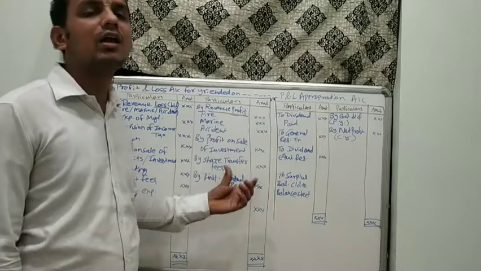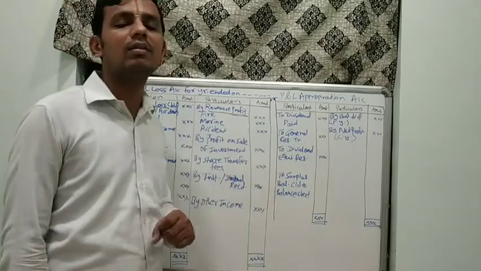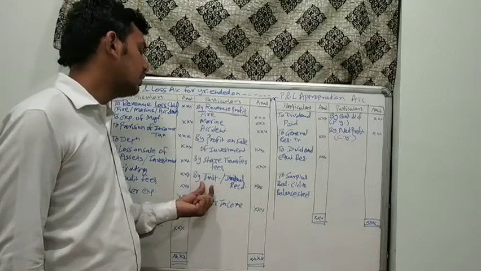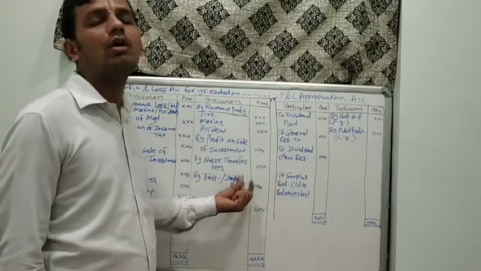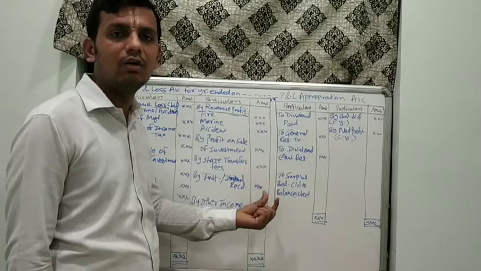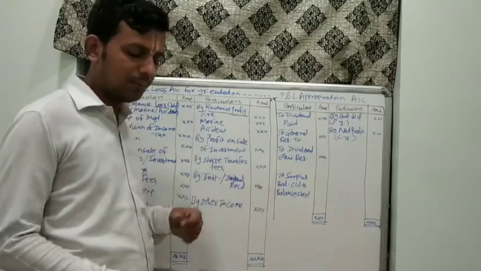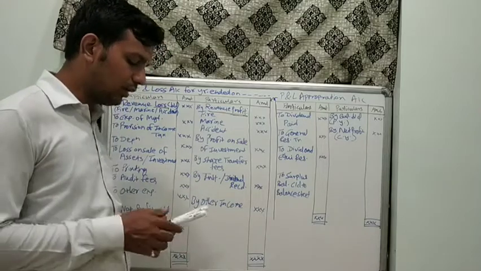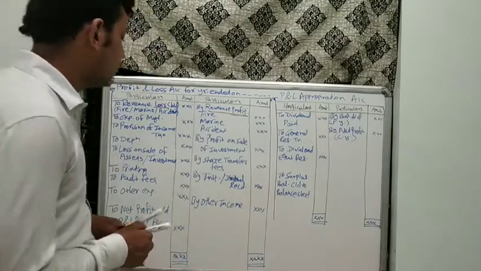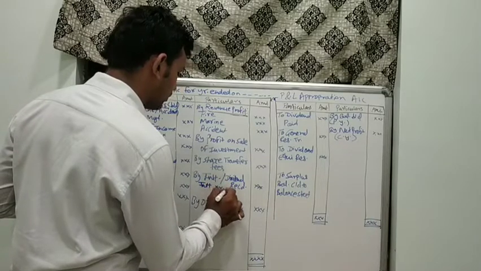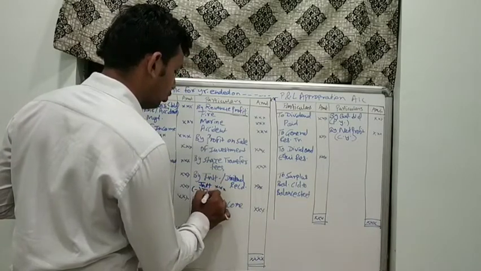Then share transfer fees which the company has received are also an income for a general insurance company. Then interest received or dividend received or any other kind of income received by the company is to be taken here as part of its income. With regard to interest, we have to remember one thing: many a time interest is given as a gross amount and then tax is also given.